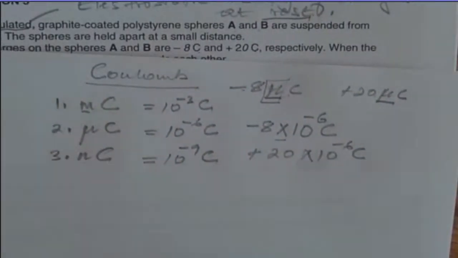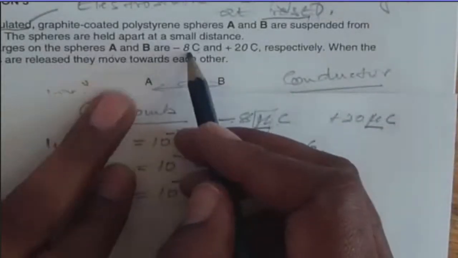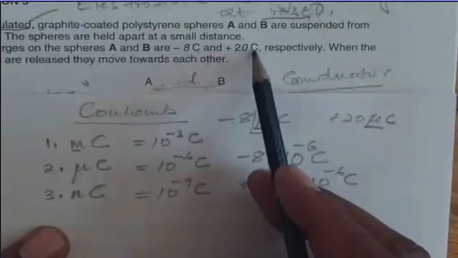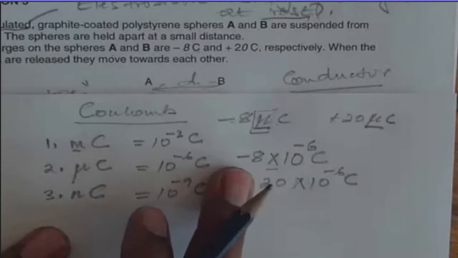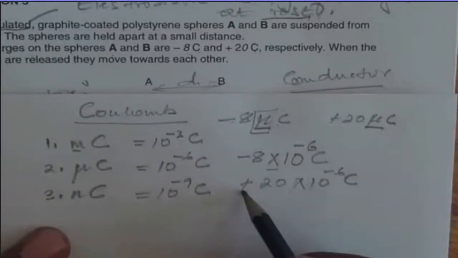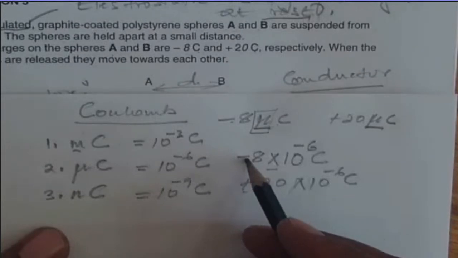I'm happy about that one. All right, so -8 coulomb and +20 coulomb. Please indicate the positive, even if you don't write it there, you must indicate the charge. So this one is positively charged and this one is negatively charged.